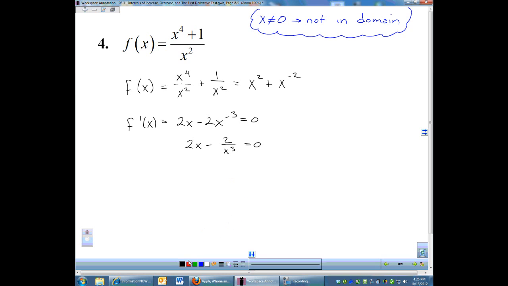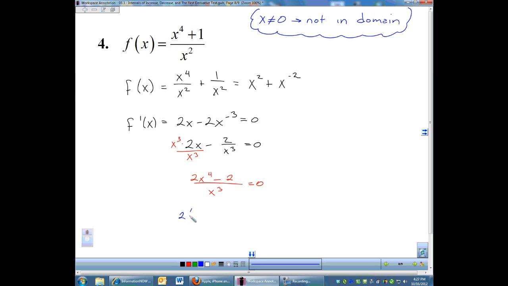I think I'm going to get a common denominator on the left side. I can't decide how I want to do that. I'm going to multiply this by x cubed on top and bottom. That would give me 2x to the 4th minus 2 all over x cubed, right?